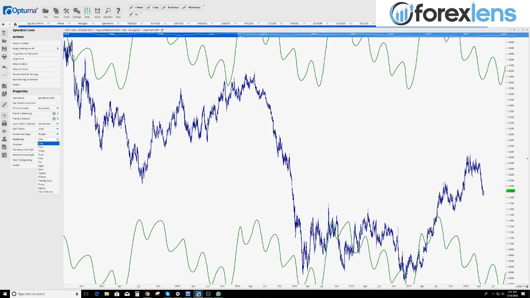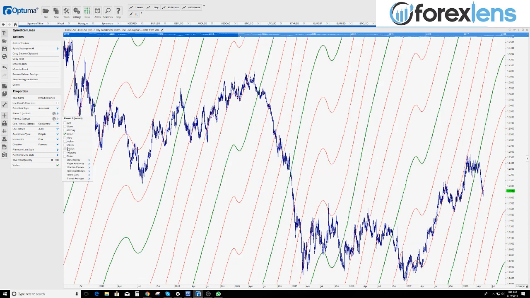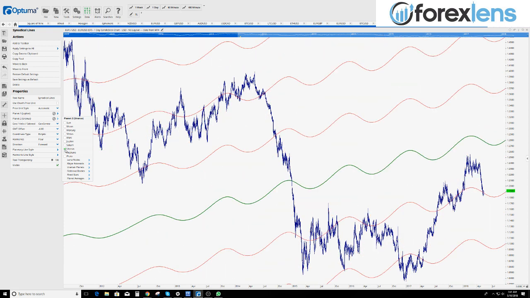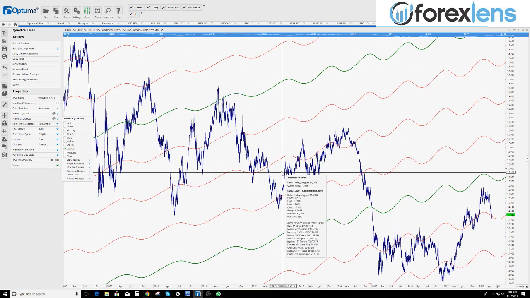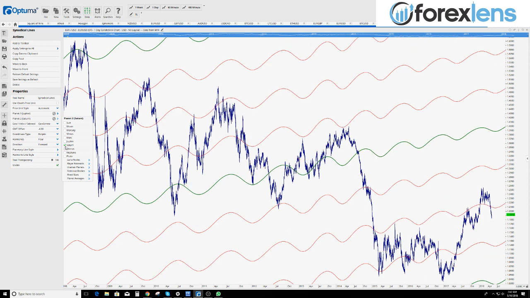So if we still do, let's do 4 harmonics, and we'll do the planets of Jupiter and maybe Saturn or Uranus. I think Jupiter and Saturn seem to be more relevant.